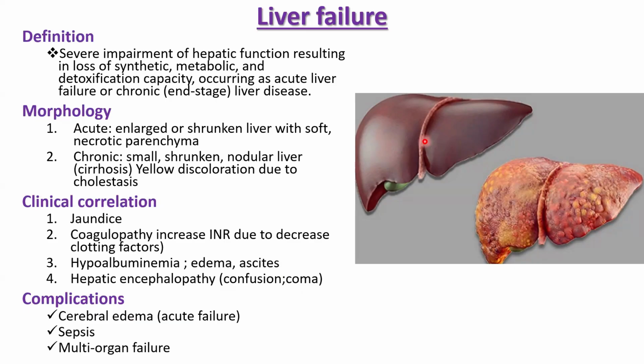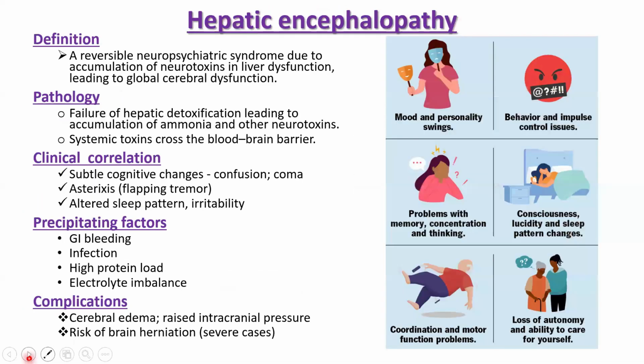Okay, that's majorly about the liver, and let's appreciate what hepatic encephalopathy is, which you mentioned. Hepatic encephalopathy is a complication of liver failure, and by definition it is reversible.